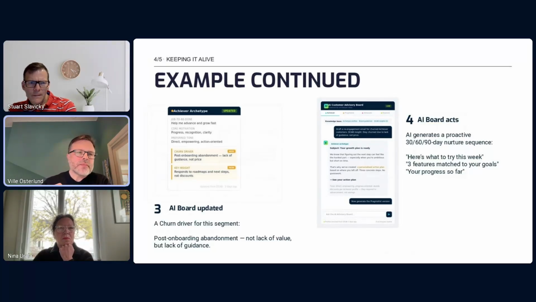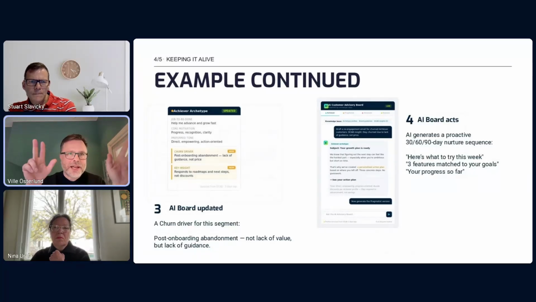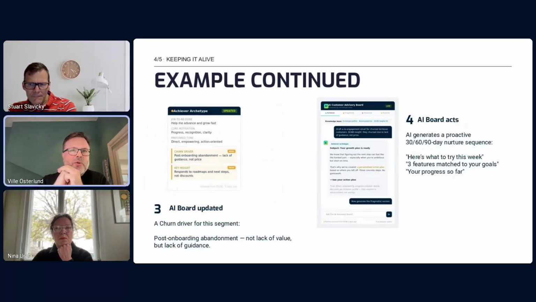And then your AI board picks that piece of information up automatically, and you just generate a re-engagement sequence for this particular segment. So now, instead of saying, hey, we miss you, here's 20% off or whatever discount you had defaulted to originally, you can produce a 30, 60, 90-day nurture flow matching this piece of information, that it's not the price, it's the guidance.